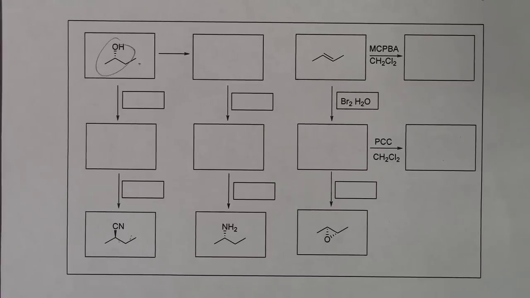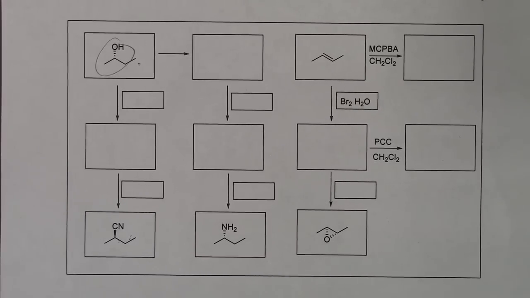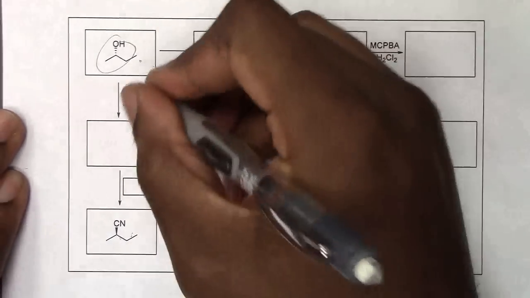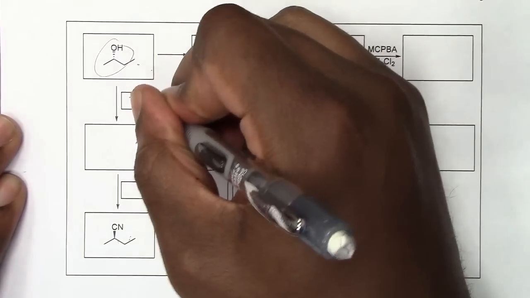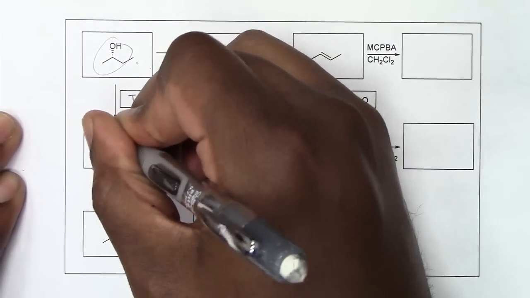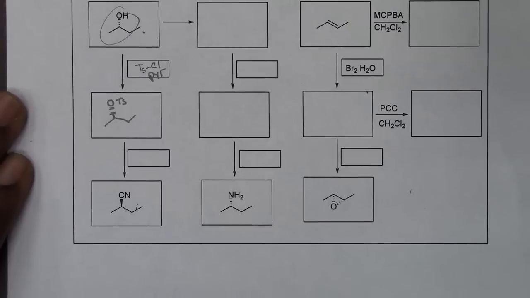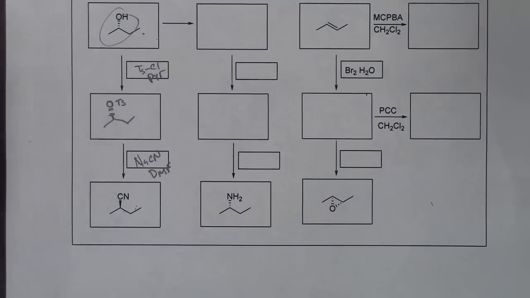Sorry, my mind is struggling right now. So, single inversion, what do we use? Tosyl chloride and what? What's the next step? And some polar aprotic solvent.